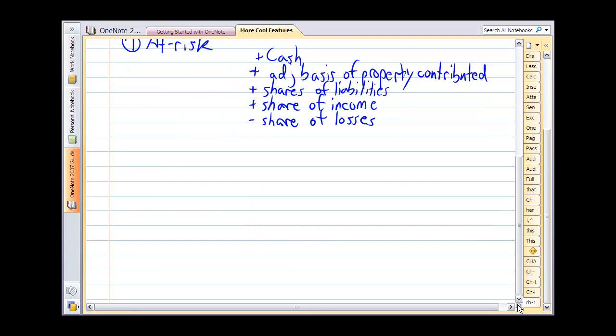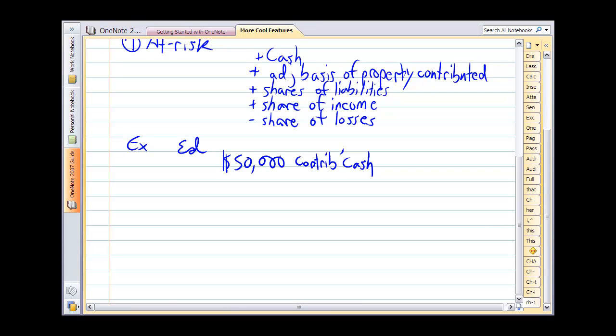Let's do a basic example. So let's take Ed. Ed acquired a partnership interest for $50,000 and became a material participant in the activity. So he contributes 50,000 bucks, a cash contribution.